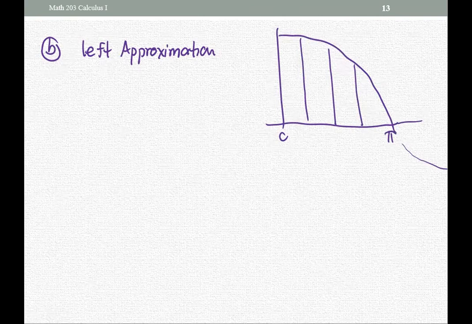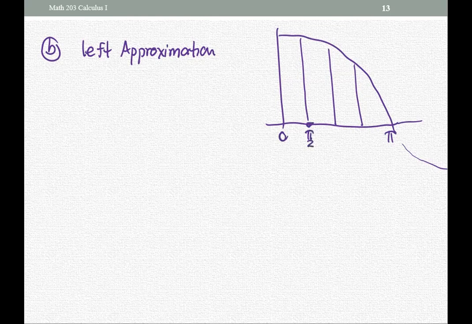We made a list of the left endpoints: 0, pi over 4, 2 pi over 4, which is pi half, and 3 pi over 4. To make a rectangle, use the left endpoint as the height of the bar.